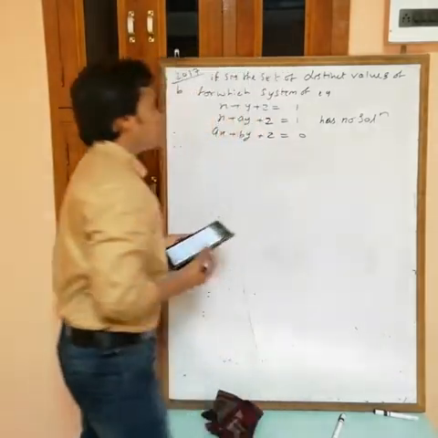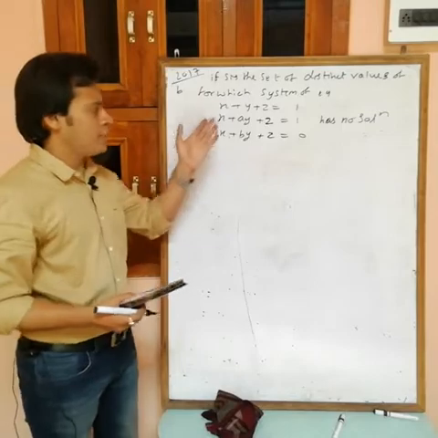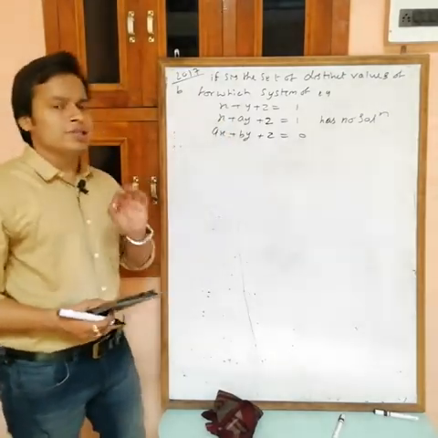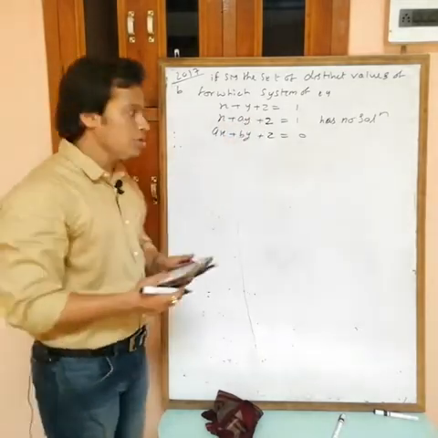Okay, so S is the set of distinct values of b for which the system of equations has no solution.